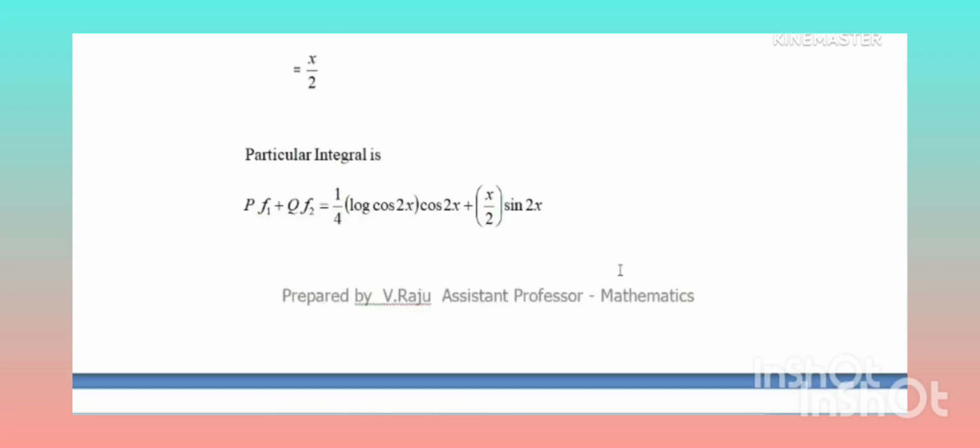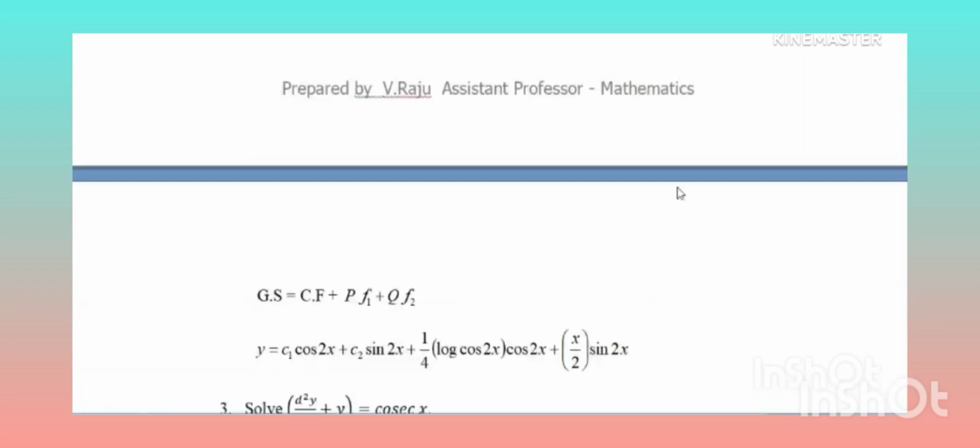So 1 by 2 integral dx. Dx means x, which is equal to x by 2. So the particular integral pf1 plus qf2 is equal to 1 by 4 log of cos 2x into cos 2x plus x by 2 sin 2x.